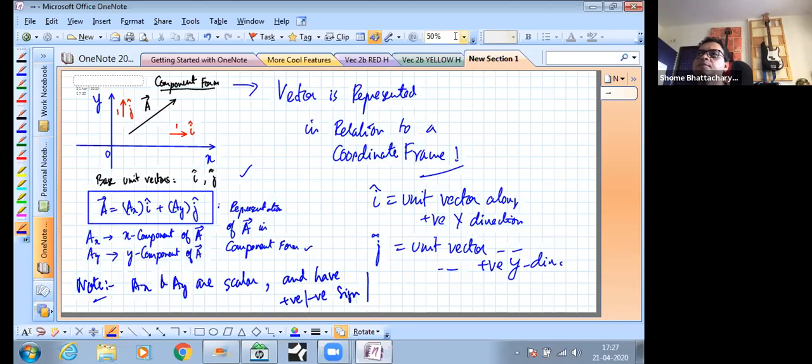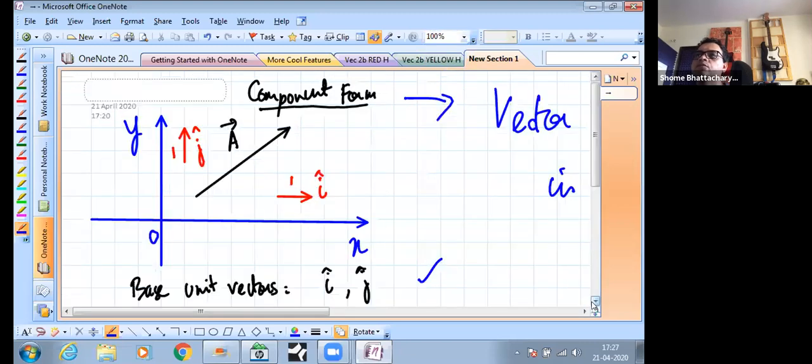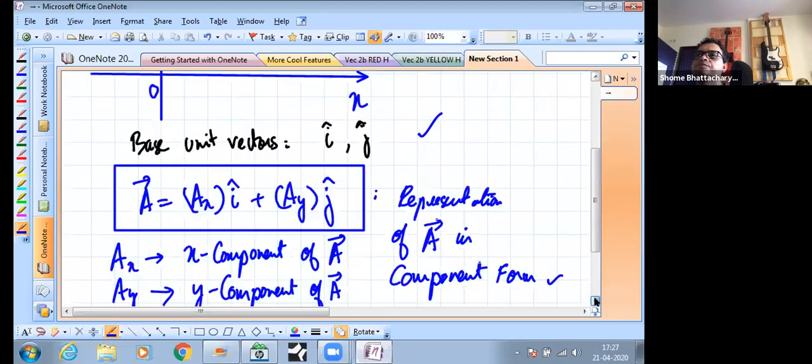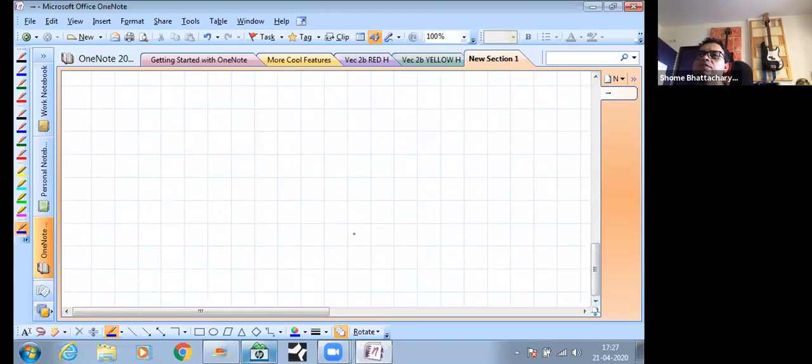Now let us go back to our diagram and understand what exactly we mean by Ex and Ey. What is the physical meaning of Ex and Ey? For that, let's take a fresh diagram. Let's say initially I'm just worried about the first quadrant, so I'm not getting into four quadrants, but eventually we'll see four quadrants also.